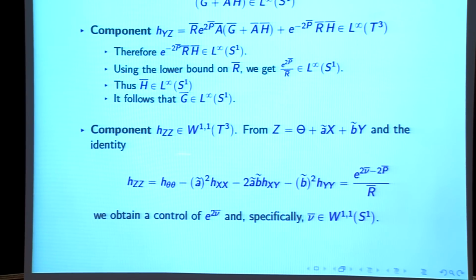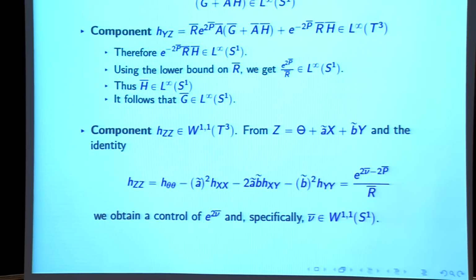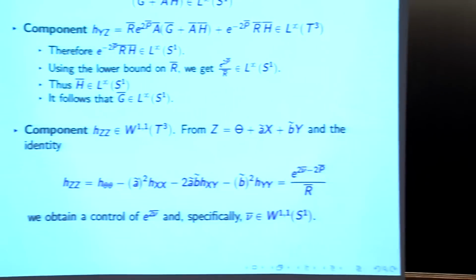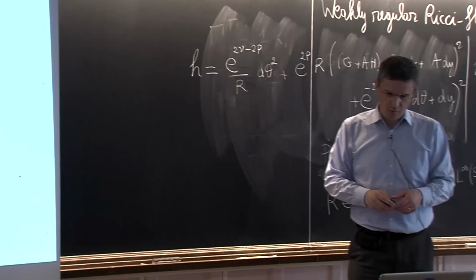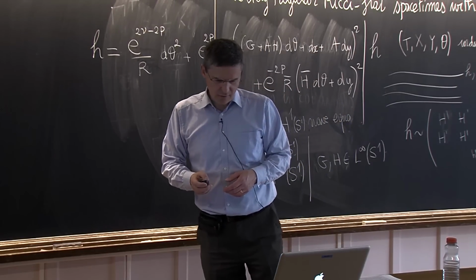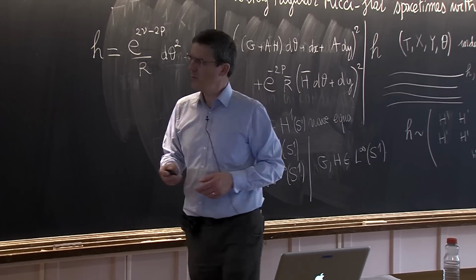And if we know that HZZ belongs to W11, what it means, because we already know that R is Lipschitz, right? R is the most regular quantity. P is H1. So these two are already under control. So you look at the last remaining quantity, which is this nu bar, and you obtain that nu bar has the regularity that you have assumed on HZZ, which is W11. Okay. So I gave you the argument for this lemma, and right, so we have that.